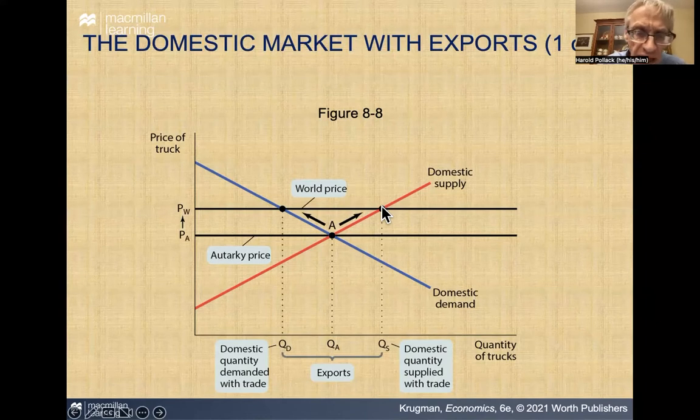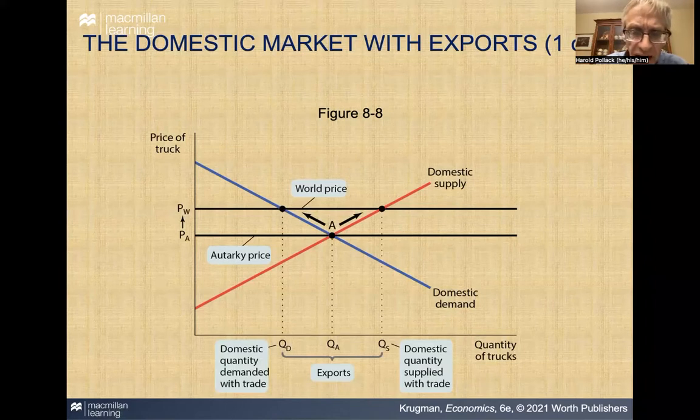Now, how much is the domestic demand going to cover? Well, here's where the domestic demand curve hits that world price. So the consumers here are going to buy this amount, Q sub D. They're actually buying fewer trucks because trucks are now more expensive than they were before.